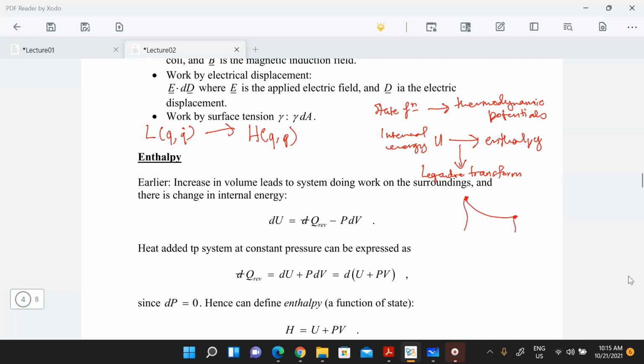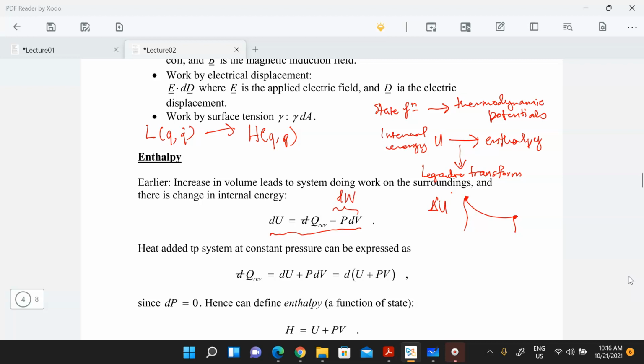If I don't do it in a cycle, there will be a change in internal energy, and that change must be given by the first law of thermodynamics. Where does the change come from? It can come from the heat, or it can come from the mechanical work.